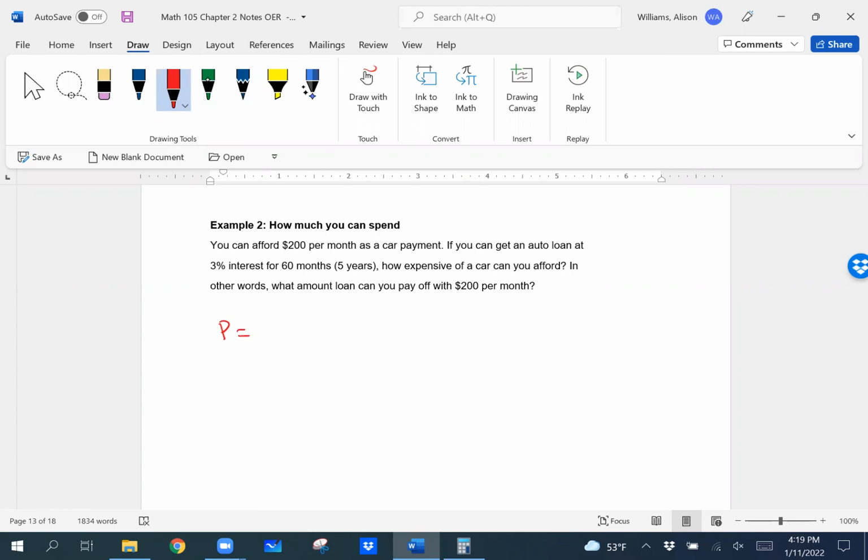So P is going to equal 200 per month times 1 minus 1 plus 0.03 over 12 to the negative 12 times 5, which is 60 months, all over 0.03 over 12.